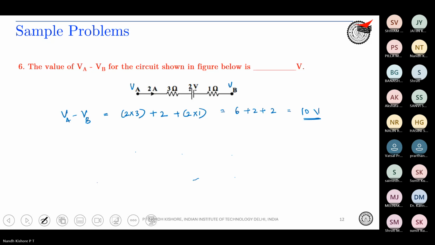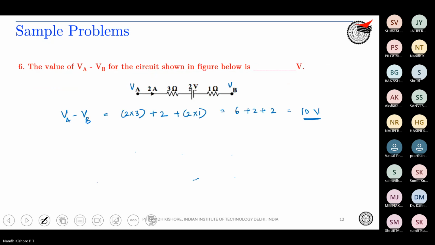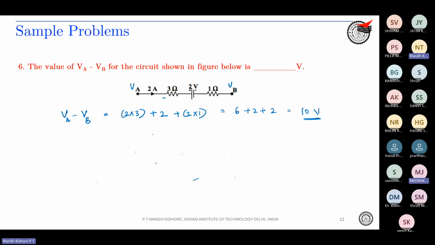Sir, in the previous question, will it be negative or positive? So the question is VA minus VB. So current 2 ampere is flowing from here to A, so this will be positive.